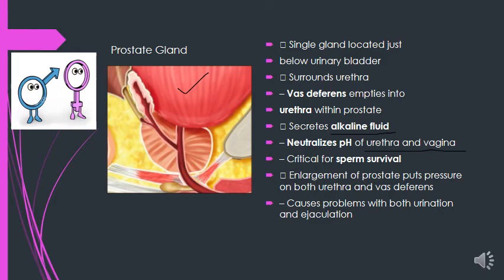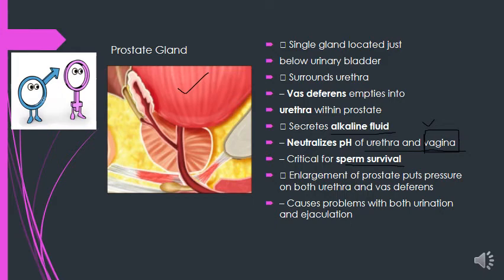As we know, the vagina is very acidic in nature, so it will kill the sperm. For that, the prostate gland secretes an alkaline fluid, which helps in neutralizing the pH of the vagina. This is critical for sperm survival.